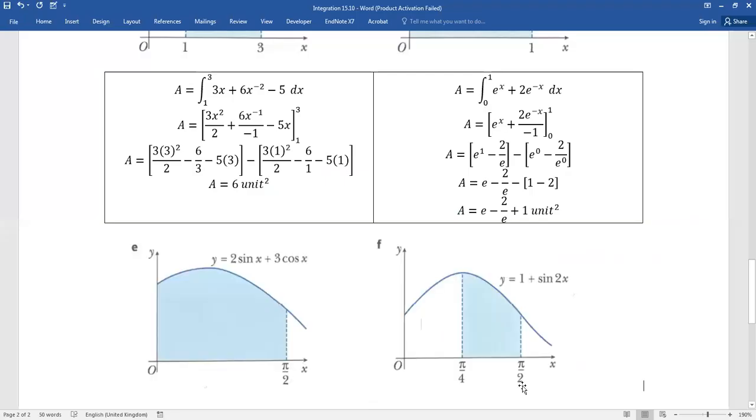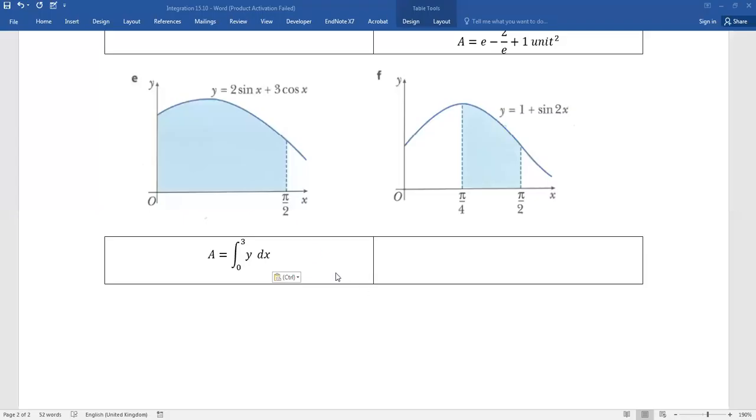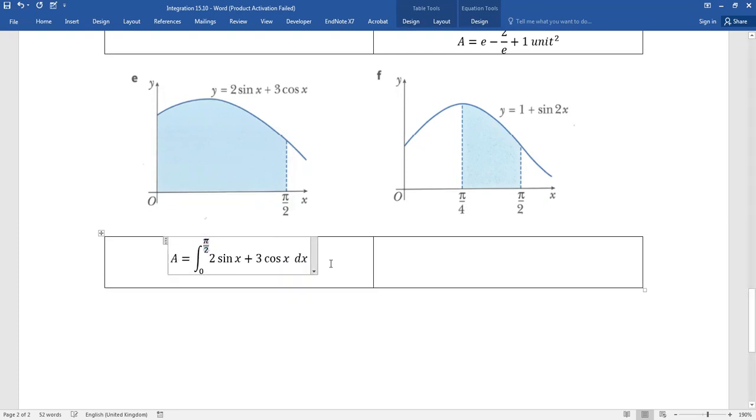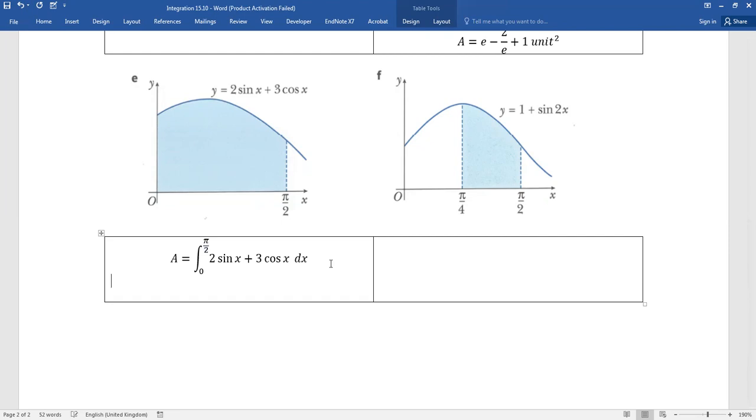Let's give it a try. Okay, so one thing that you must really be careful with is when you are dealing with trigonometry, the angles must always be in radians.